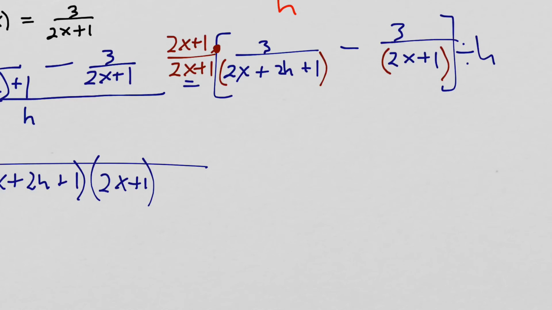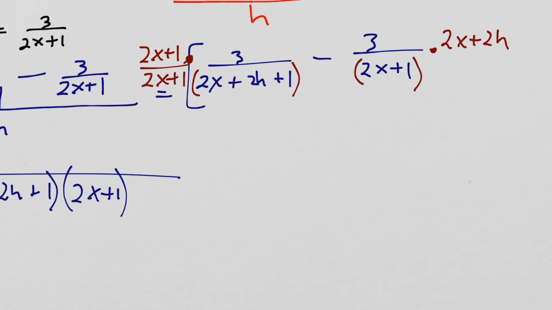The other one is going to have to be multiplied by 2x plus 2h plus 1 over 2x plus 2h plus 1. Then you can see we're going to have that in the denominator both here and here, and we'll be able to subtract.